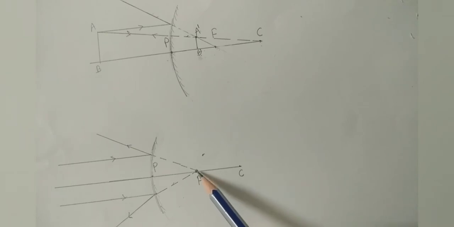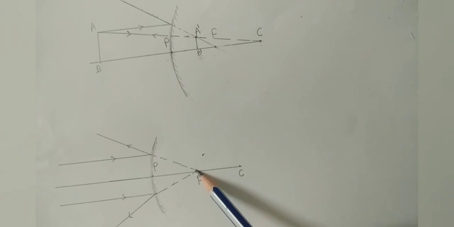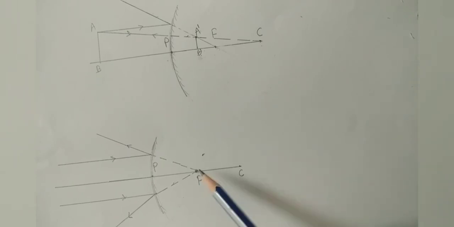The image will be virtual and erect, as the rays appear to diverge from the focus, and the size of the image will be highly diminished. A point-like image we will obtain behind the convex mirror.